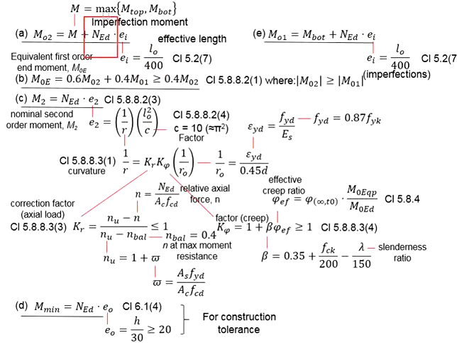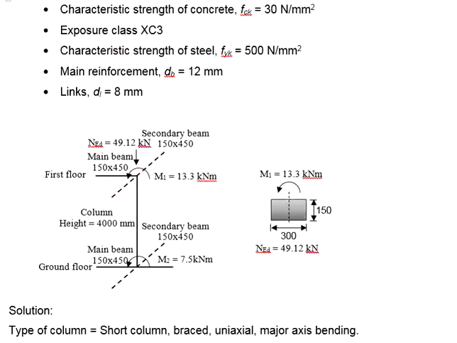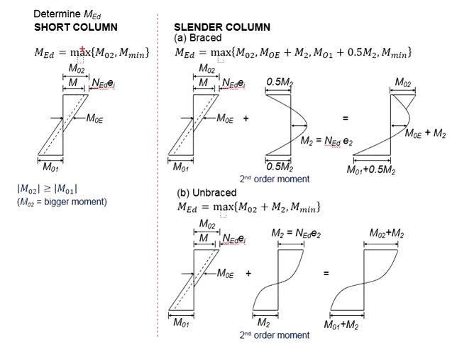Multiply by the axial load plus the moments acting onto the column, you get M02. You have two moments acting onto the column. We shall use the bigger value for a more critical design. This gives us the M02.